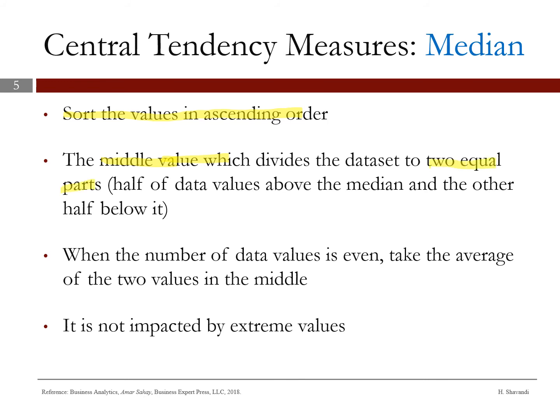I mean, half of the data above that and half of the data below that. So that point will be the median. When the number of data values is even, then we take the average of the two values in the middle as the median. Okay. And one of the advantages of the median compared to the mean is that it is not impacted by the extreme values. Okay.